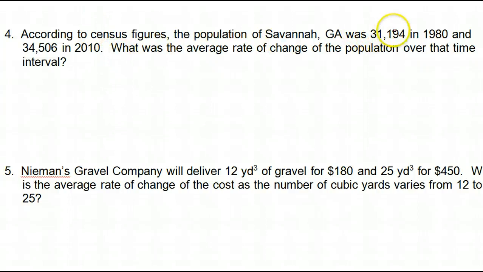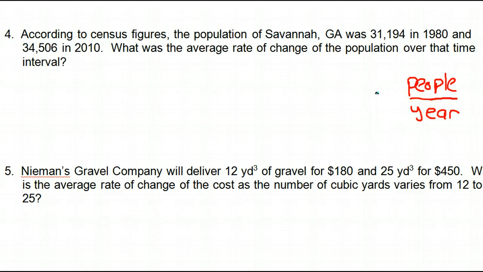Obviously the population is increasing. It went from 31,000 something to 34,000 something. So we're talking about the rate at which the population is growing. So it would make sense to talk about how many people per year is the increase. So that's the rate that we're talking about. We're talking about people per year.